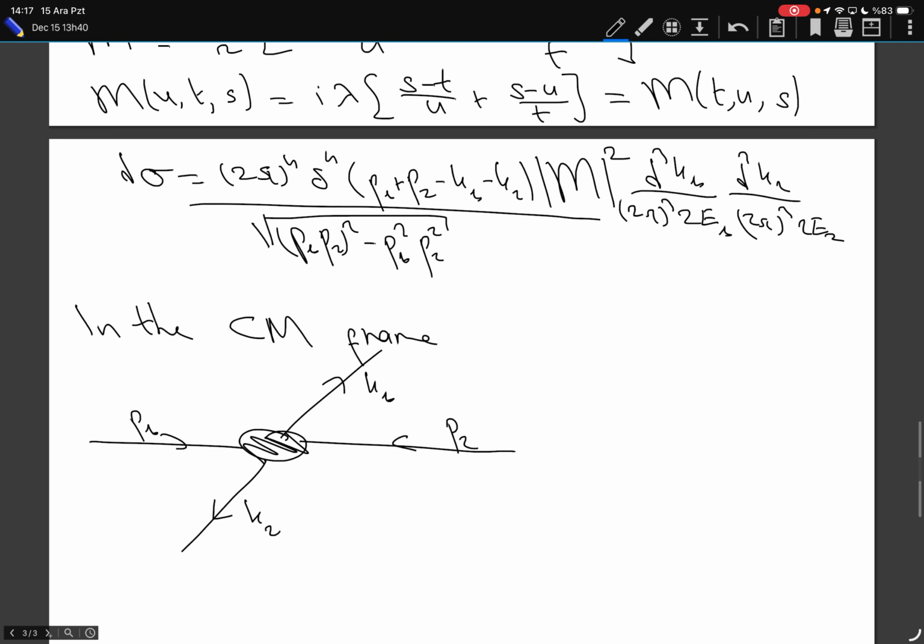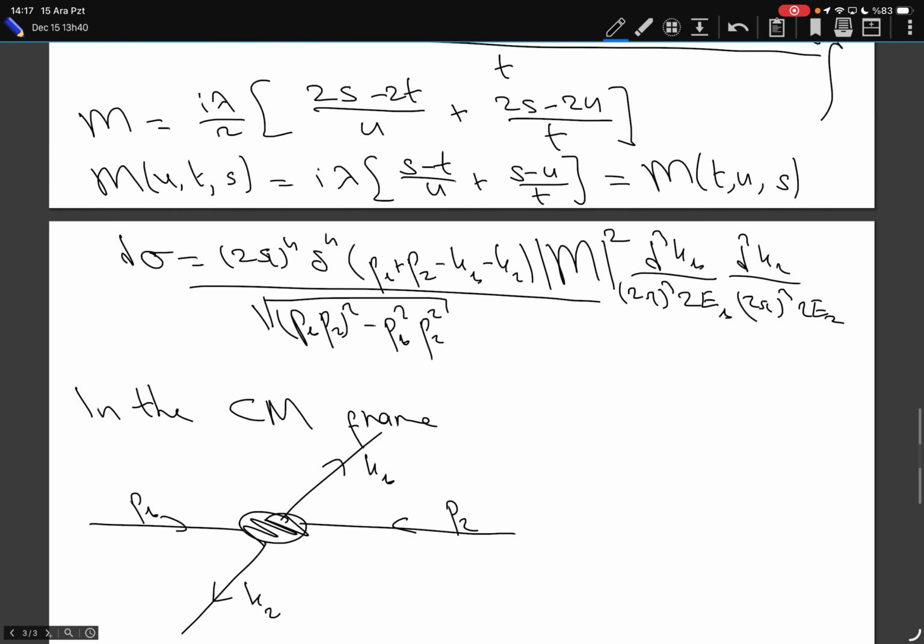It can only depend on, you see, here, there are 6 variables left. I am already fixing the initial momentum. After the collision, in principle, I have 6 variables left, but energy momentum conservation tells me that 4 of them are already fixed. 4 of them can be determined by the initial momentum and the other 2.